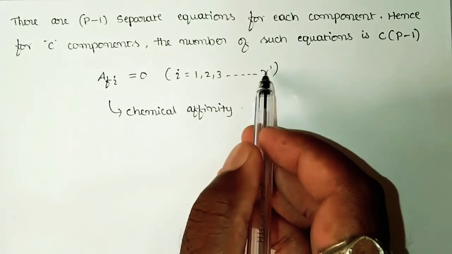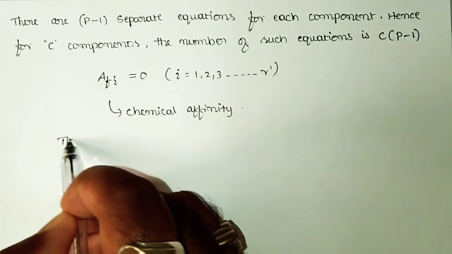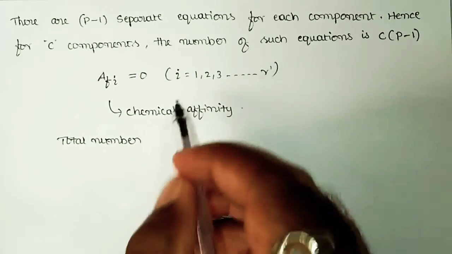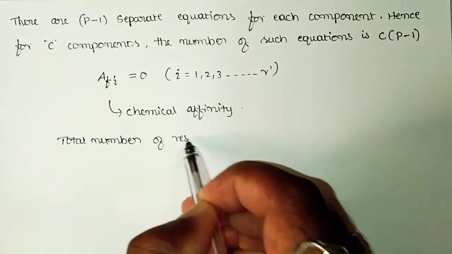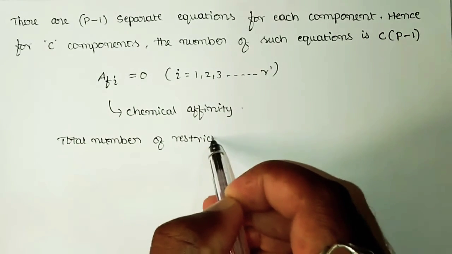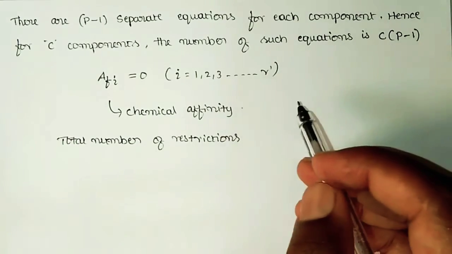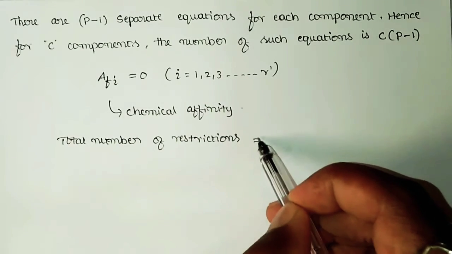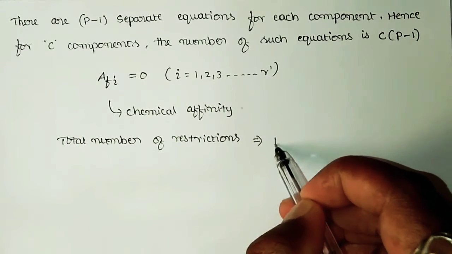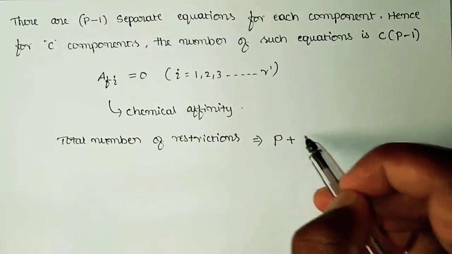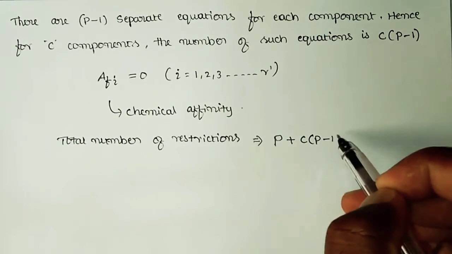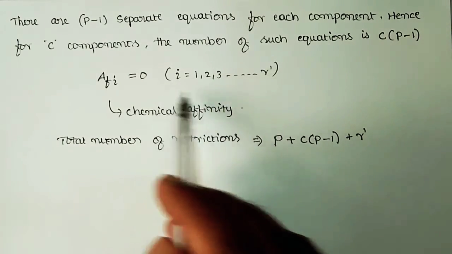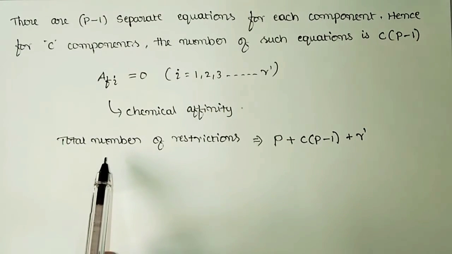So for R dash number of equations, the total number of restrictions for defining the system by using the variables temperature and pressure will be given as: for P number of phases having C of P minus 1 equilibrium relations, having R dash number of equations possessing 0 chemical affinity.